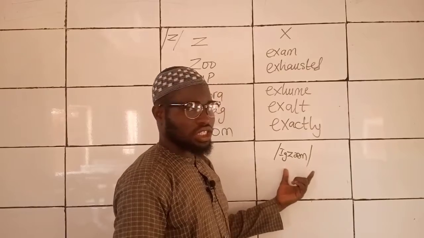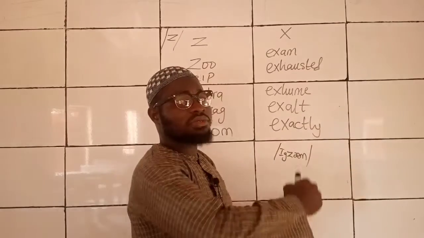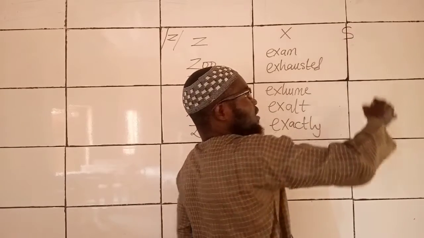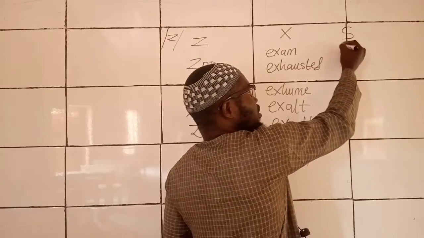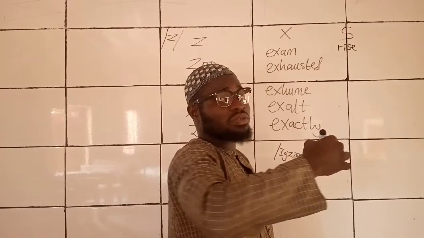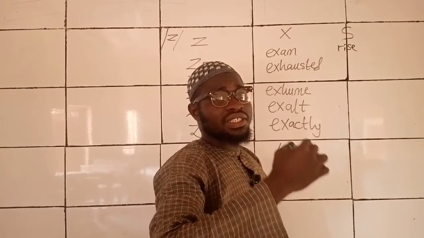Then the next representation of this sound is letter S. For letter S, we have rise. Here we don't say rice. If you say rice, what we're spelling is R-I-C-E.